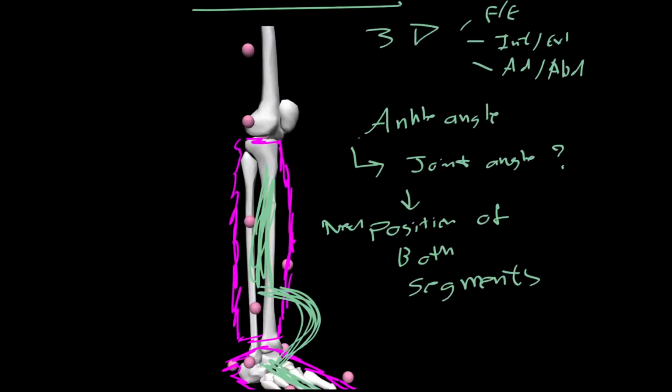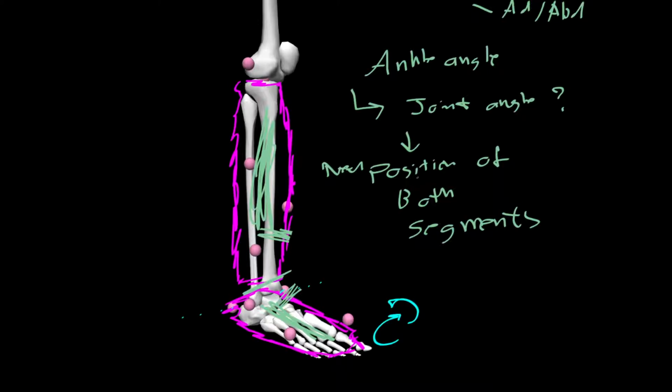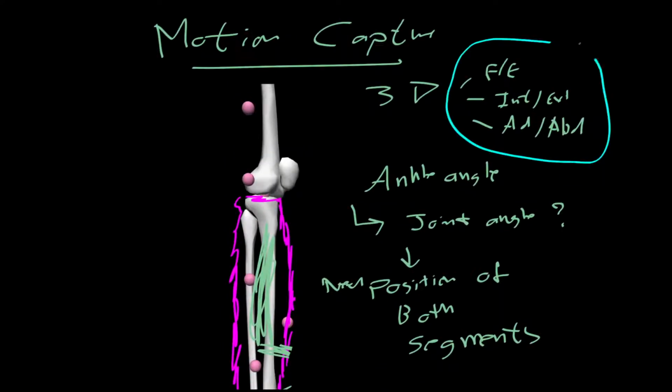Of course, in the case of the foot, what we'd be looking at at the ankle joint is really just the dorsiflexion, plantar flexion of the ankle joint, and the inversion, eversion about the subtalar joint axis. But more generally, say at the hip joint, you can easily get all three of these from motion capture data, which is the big advantage, and that's why you'll see these in research applications.